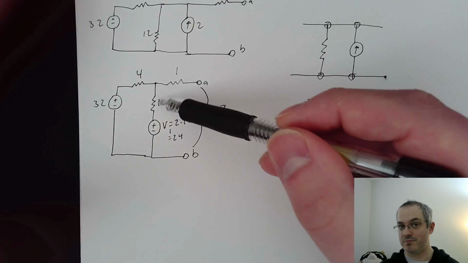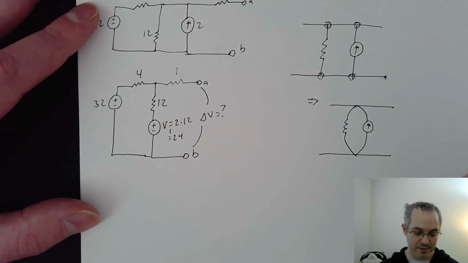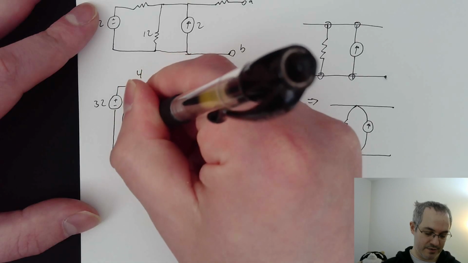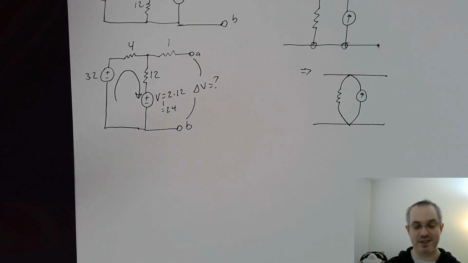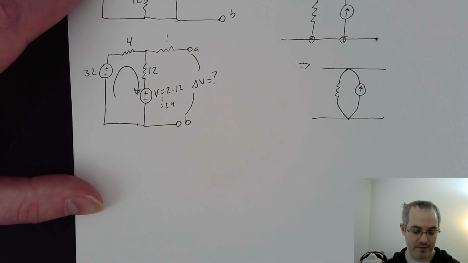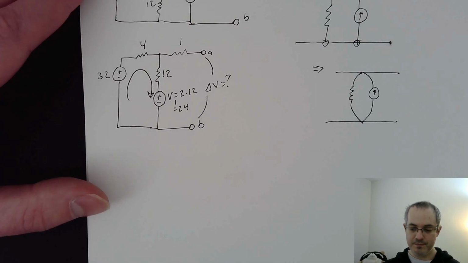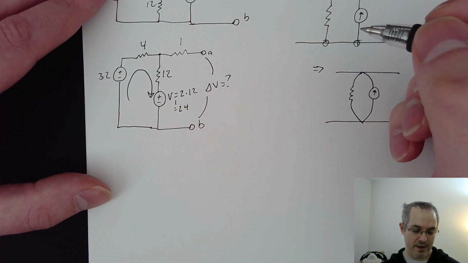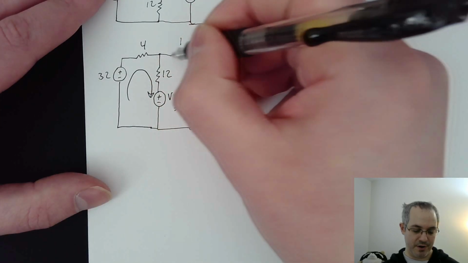But we don't know that, don't even know the current between there. What we do know is that the current only goes in this loop and none goes in there. So what we can do is this combination of mesh and voltage analysis.